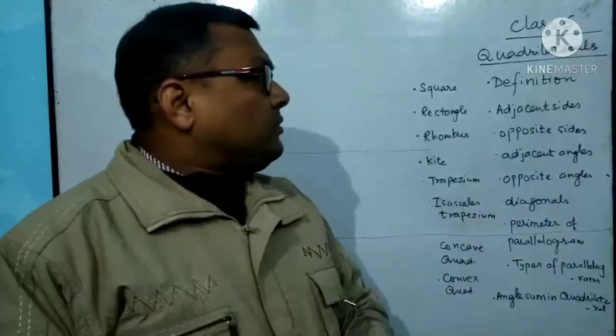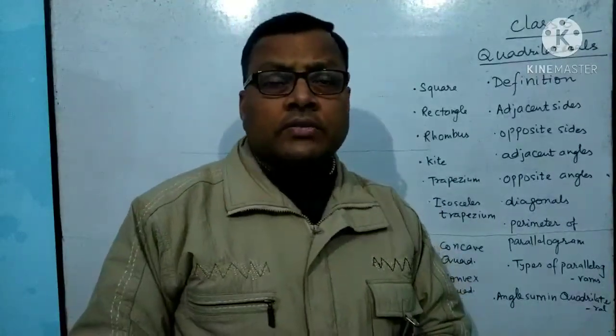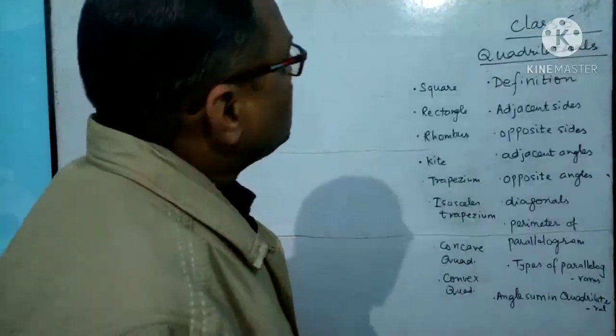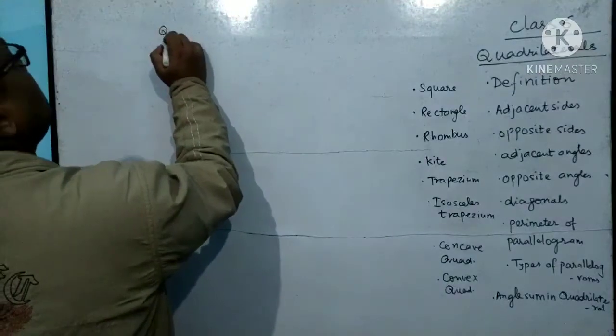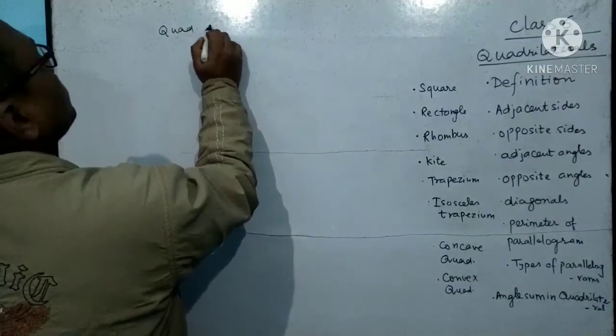So let us start with the definition of quadrilaterals. What is the definition of quadrilateral? Quad means 4.